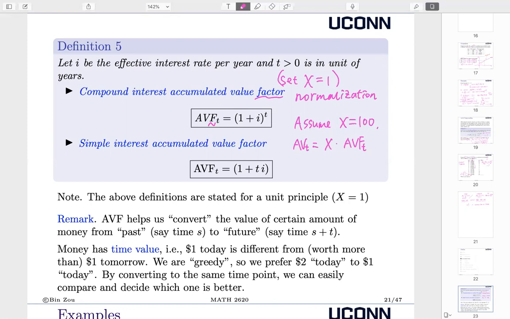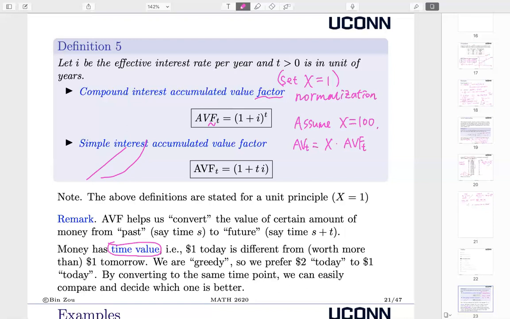An important thing I want to note is that money has time value. That means $1 today is different from $1 tomorrow. In most cases, we would say $1 today is actually worth more than $1 tomorrow, because according to the definition of AVF, the account value actually grows. Sometimes maybe along a straight line, sometimes maybe grows a lot steeper, as in the compound interest rate case.